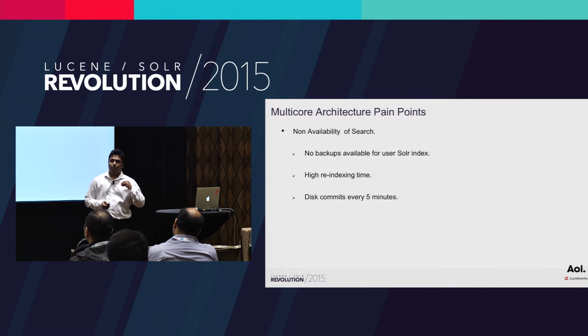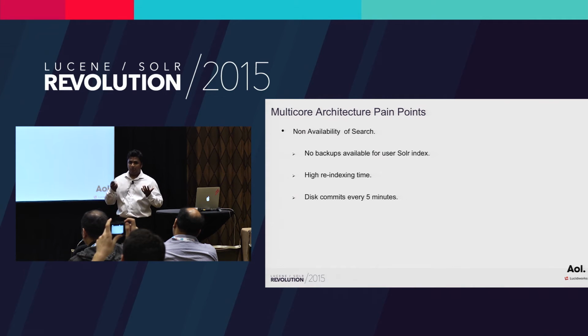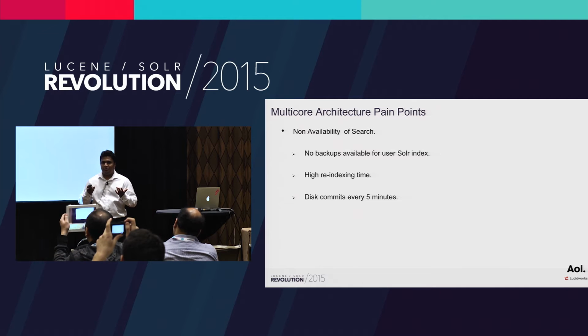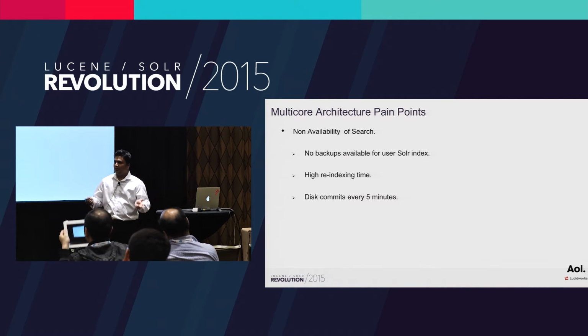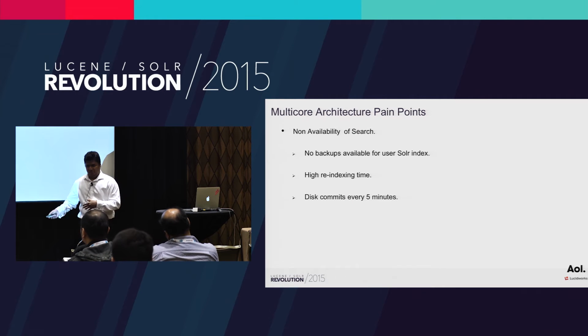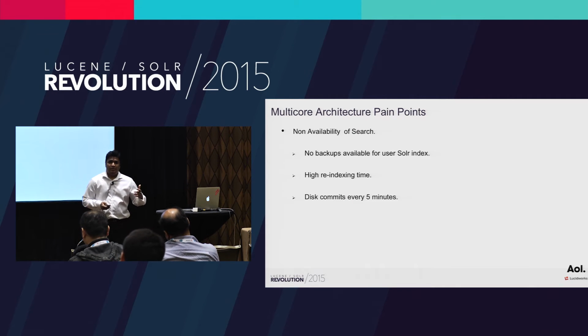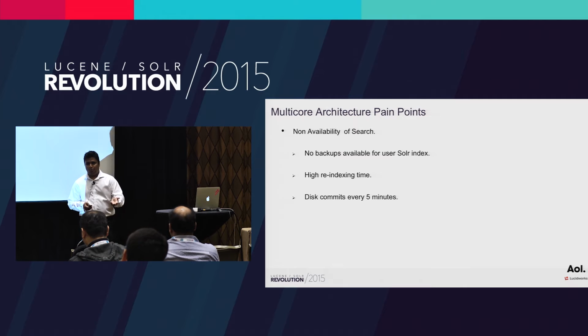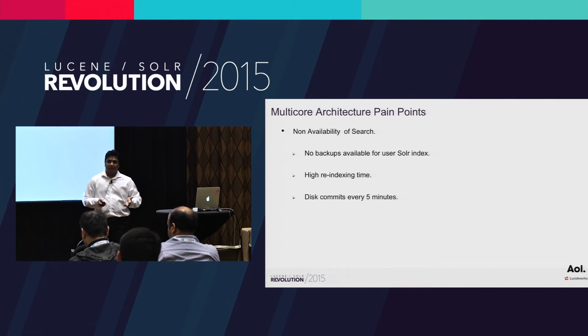The next thing was we couldn't have backups in this old architecture. As I mentioned, a user core is transient. It comes into memory, and we have logic where if the user core has not been used for a while or hasn't had any work done, we flush it back to disk. The snap puller model, a pull-based model for Solr replication, would not work. So we decided we can't back this up like this, and we disabled replication.